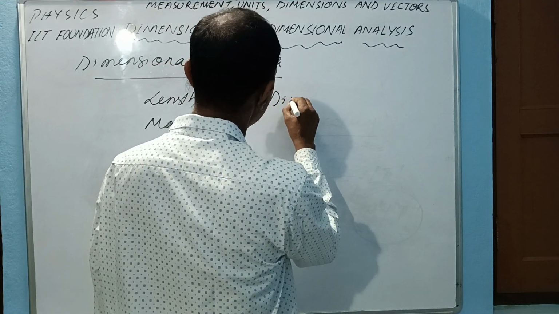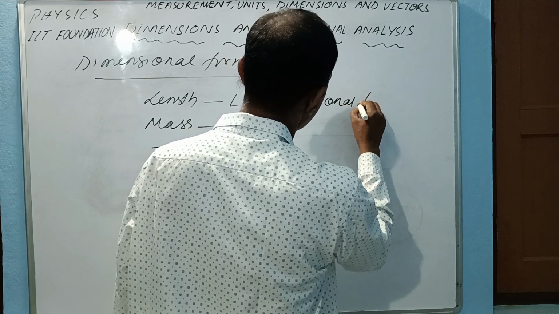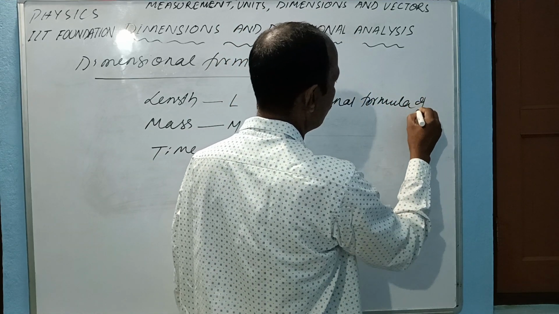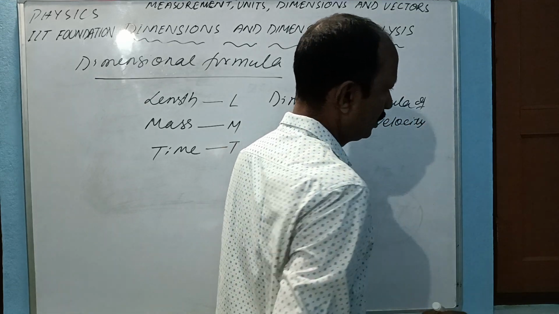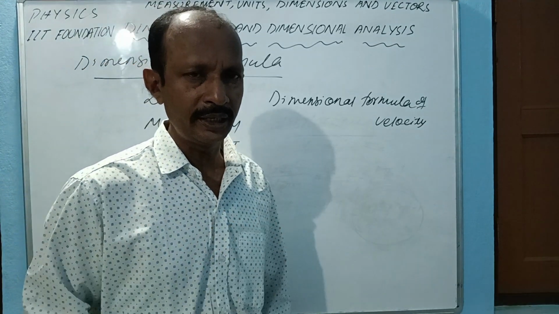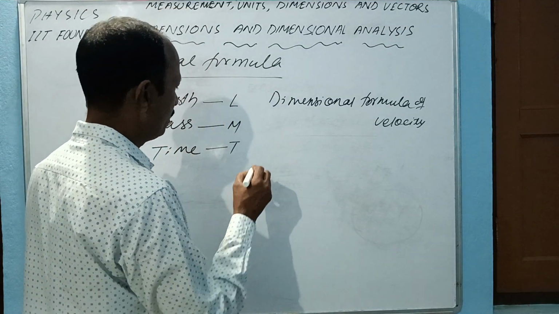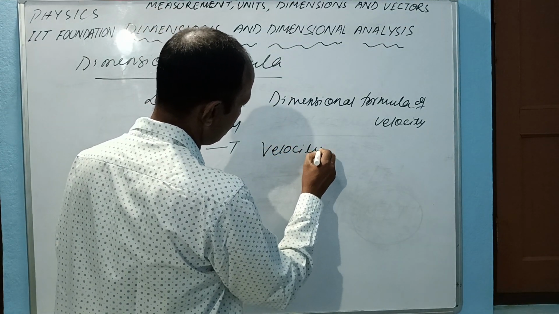Dimensional formula of velocity. What is dimensional formula? First you see this example, thereafter I shall make it clear. Suppose I am writing velocity.